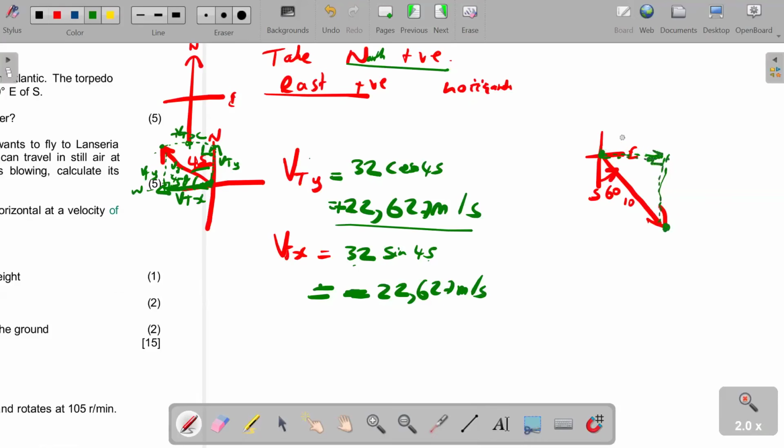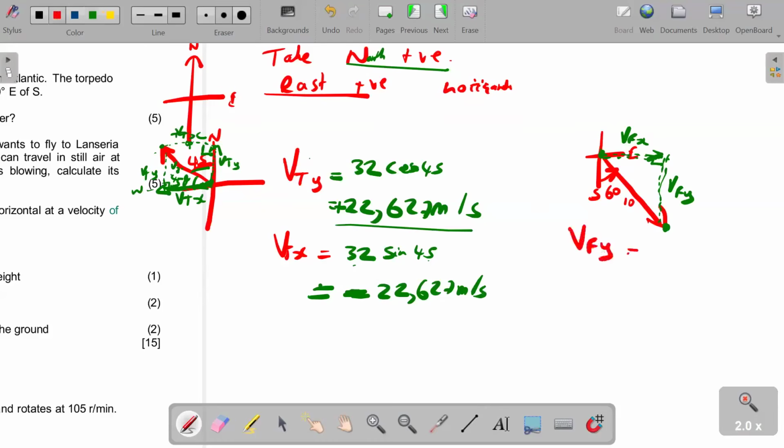So this is now forming my VFX, and this is now forming my VFY. I'm labeling one VFX, I'm labeling the other one VFY. The choice is mine. Even if you say horizontal component VFH and VFV for the vertical component, there's no problem on that.